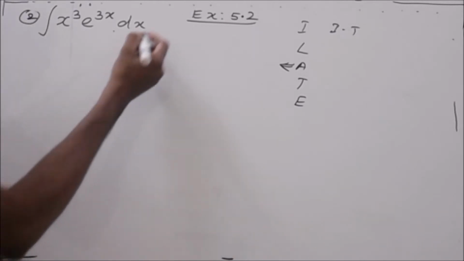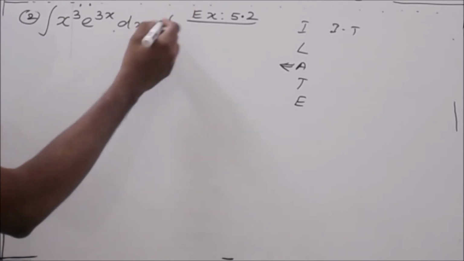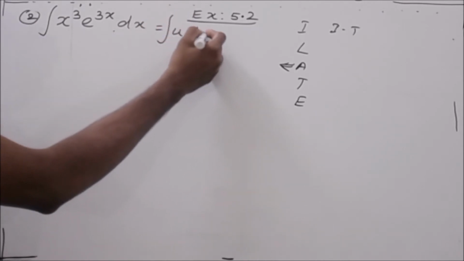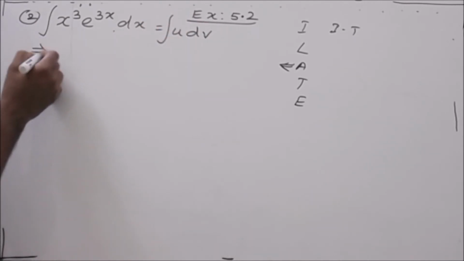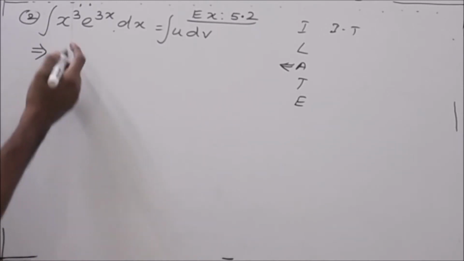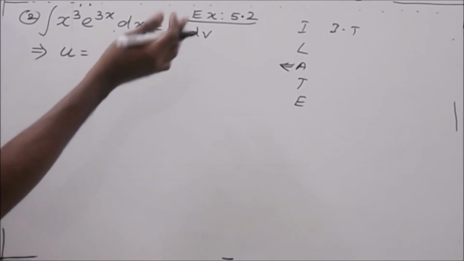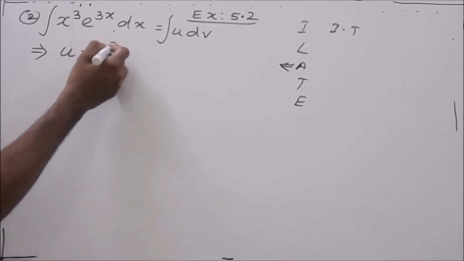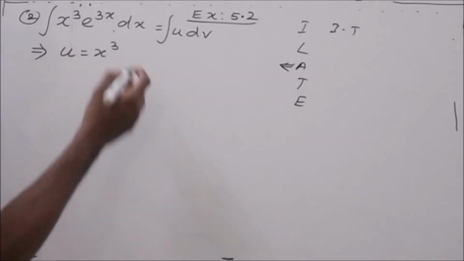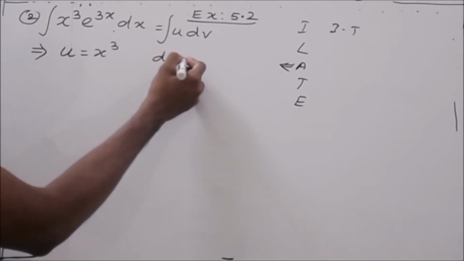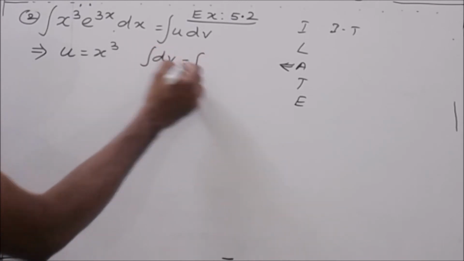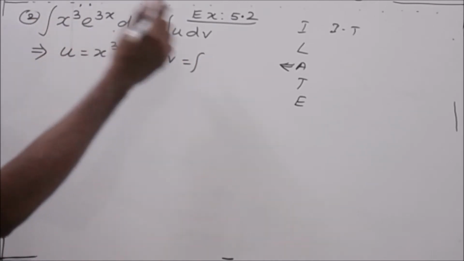So the given problem is taken as integral u dv. We choose, according to the order of priority, u as x cube, and the remaining are dv, that is integral e power 3x dx.